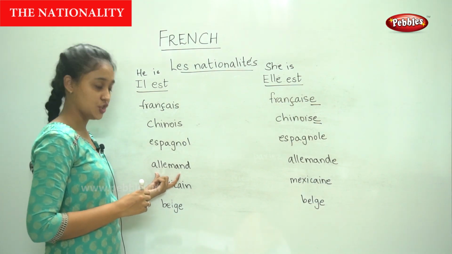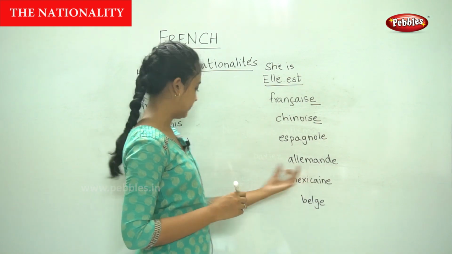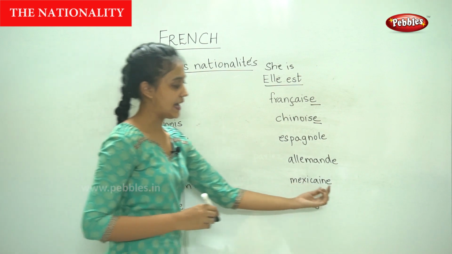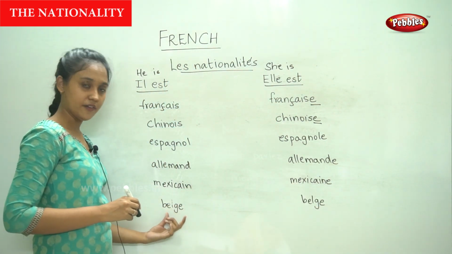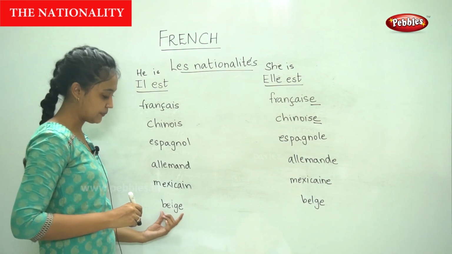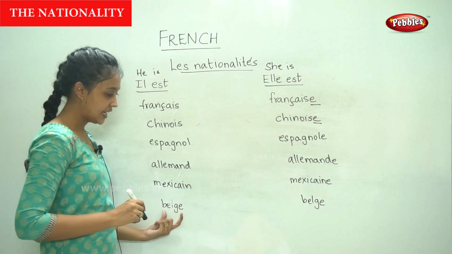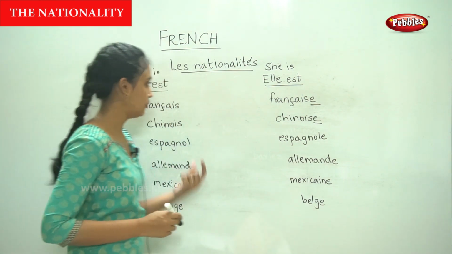It means German. For the feminine form we add an E. Mexicain. Mexican. We add an E for the feminine form. The last one, however, is slightly different. Belge. It means from Belgium. It is the same for the masculine and the feminine form.